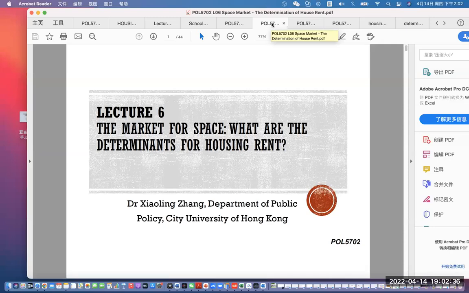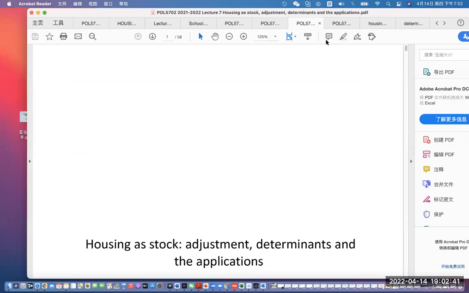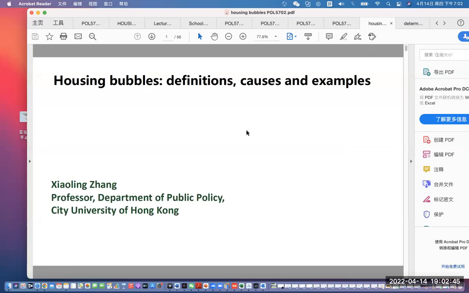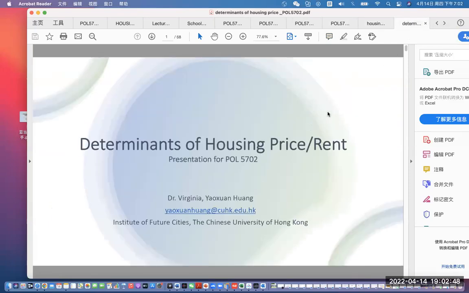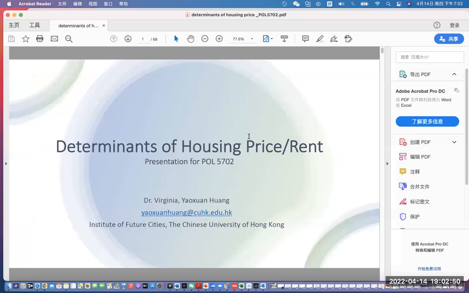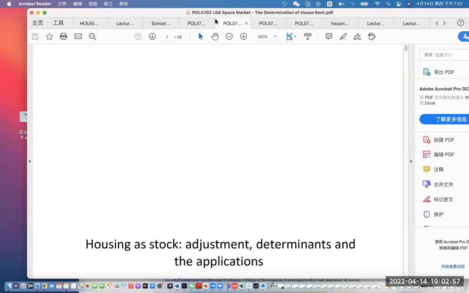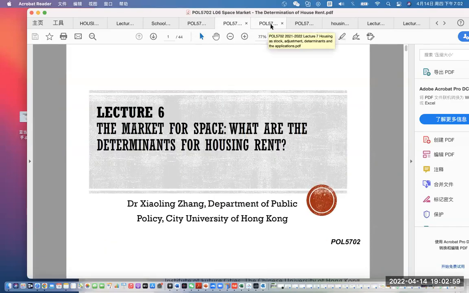From lecture 6, lecture 7, lecture 8, and lecture 9, the two guest lectures, both of these are all relevant to housing. The FDW model, I think, is very important for a potential understanding.